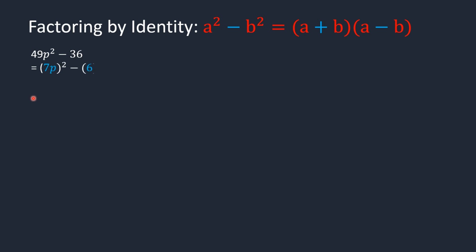So we will write 49p squared as (7p) whole squared and 36 as 6 squared, and we got the form of a squared minus b squared. We know how to write its factors. We will write (7p plus 6) multiplied by (7p minus 6). Square root of (7p) whole squared is 7p.